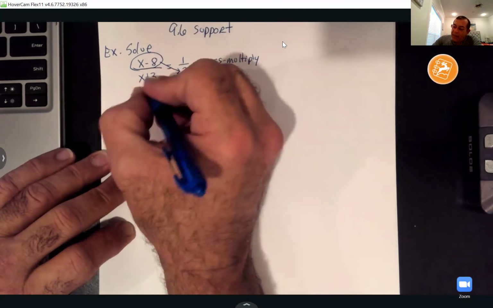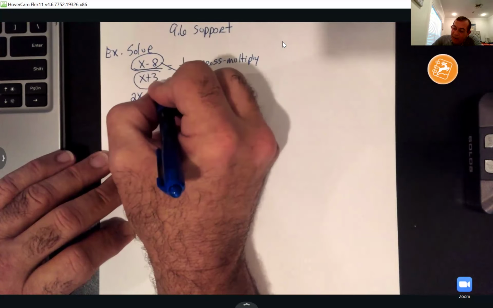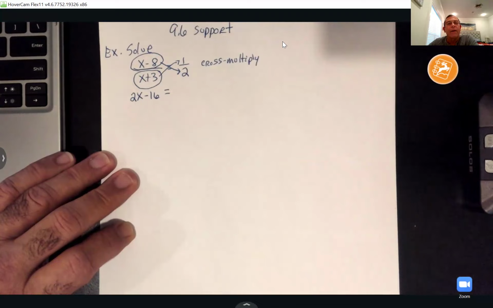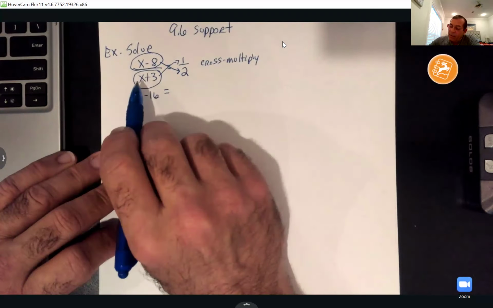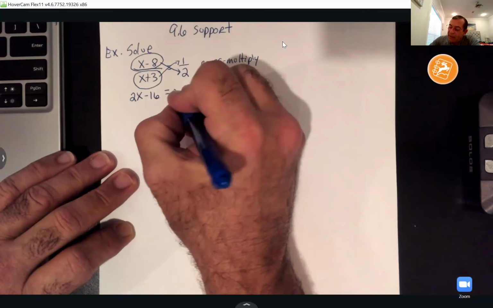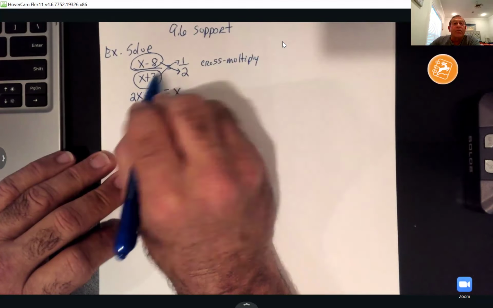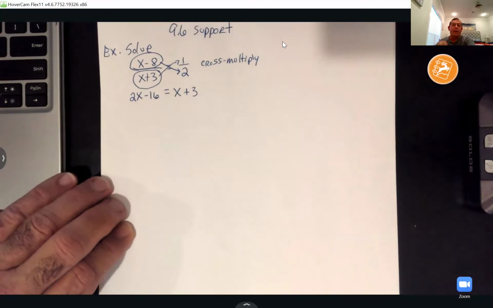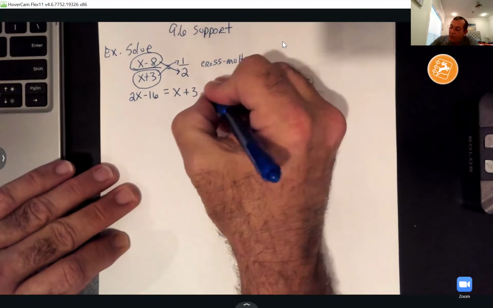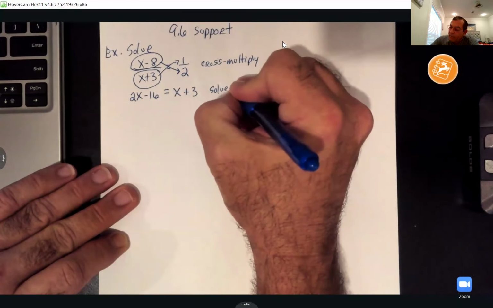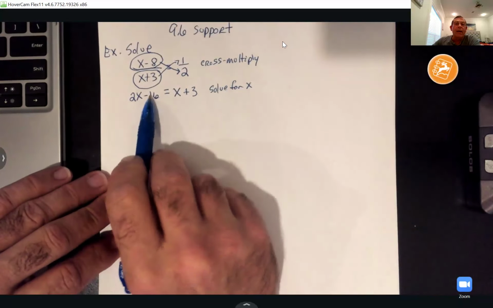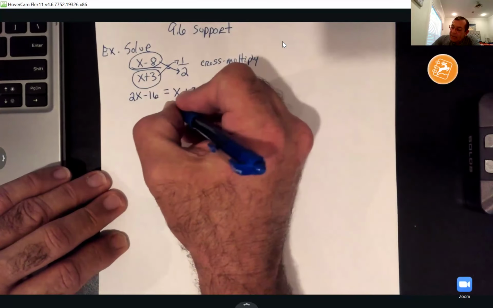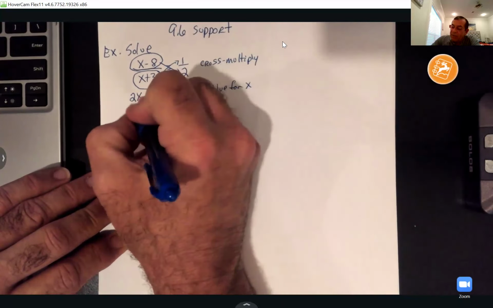Now you do the same thing. You take the bottom of the first fraction and multiply by the top of the second fraction. So x times 1 is an x. Positive 3 times 1 is a positive 3. Now at this point, solve for x. I'm going to try to get all the x's on the left side. So I would subtract x from both sides.